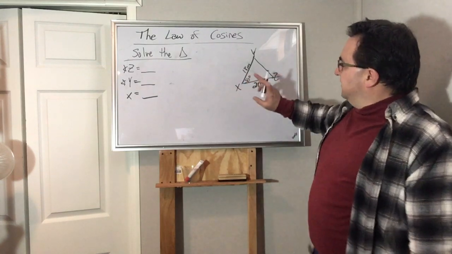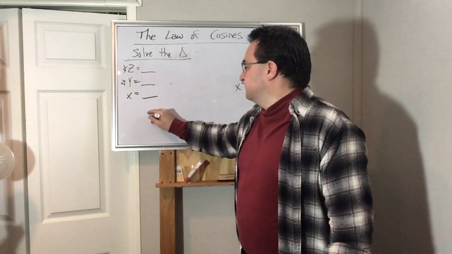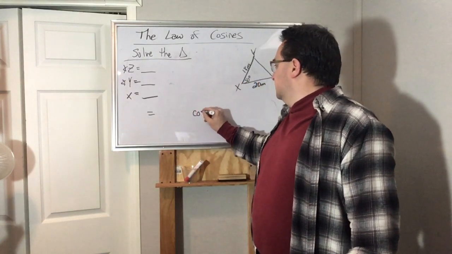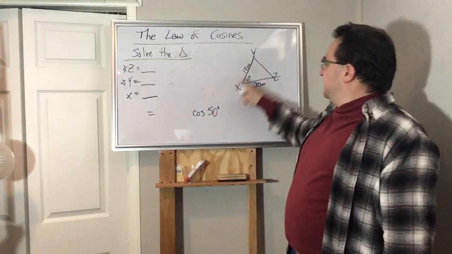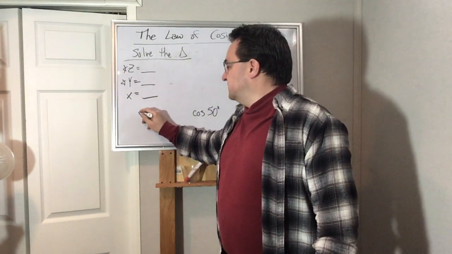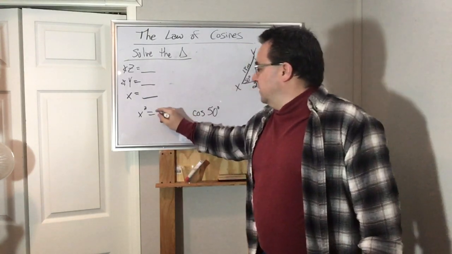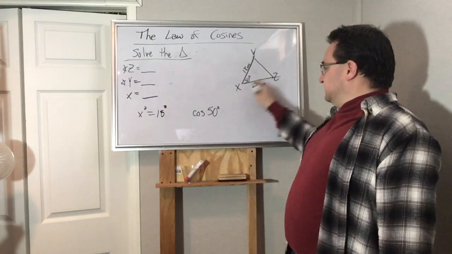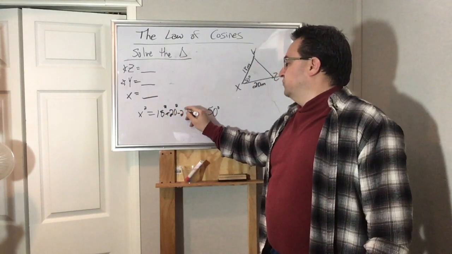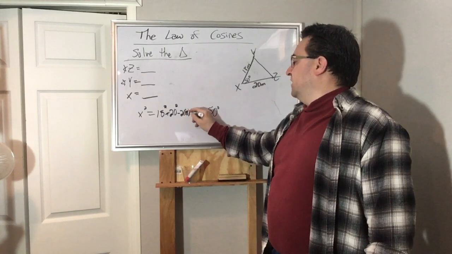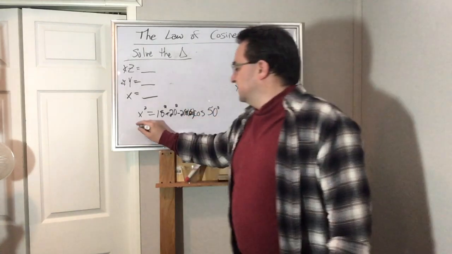So I look at it. The angle's where I start. So this is going to be way down here, cosine of 50. And this one has to be the side opposite that angle. So that'll be x squared. So this is one of these other sides squared surrounding that angle, plus the other one, minus twice the product of the two. Got a little squished in there.